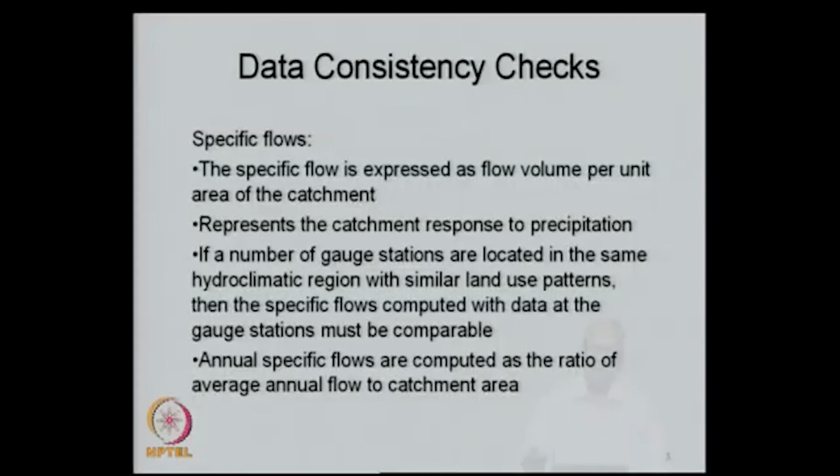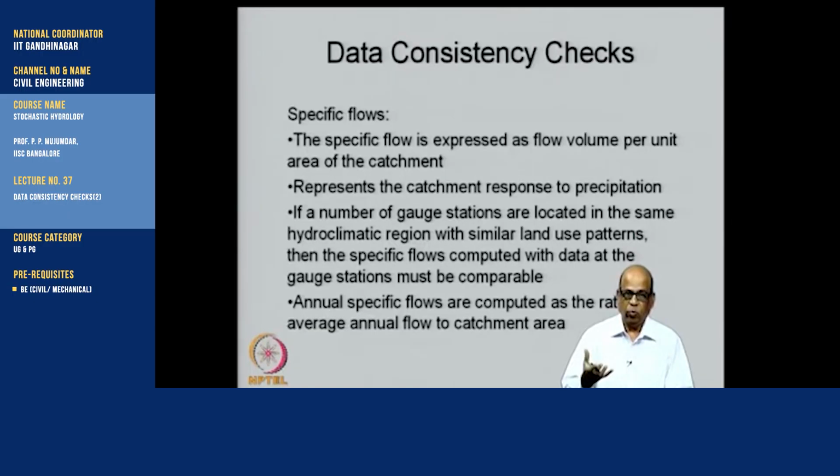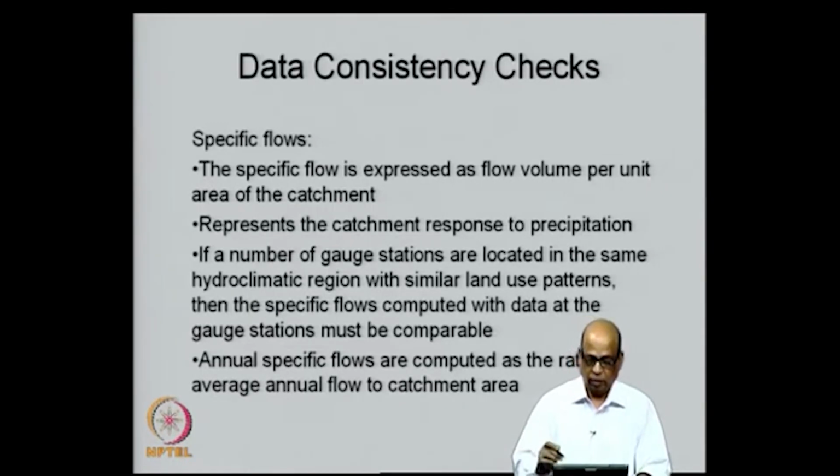The specific flow is expressed as flow volume per unit area of the catchment. So, simply look at, let us say, a particular gauge that has recorded a certain flow, and you look at the annual average flow and divide it by the catchment area. That will give you the flow volume per unit area of the catchment, and therefore, it will typically be in depth units or million cubic meters per square kilometer of area.